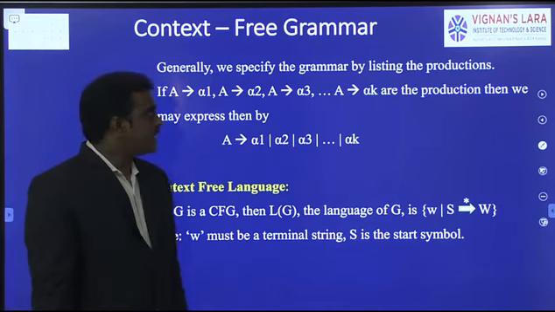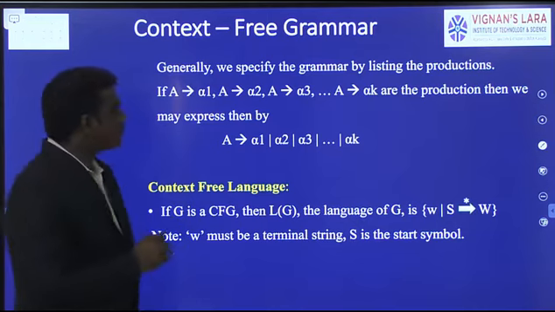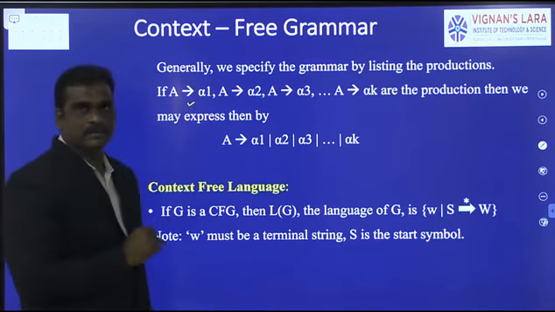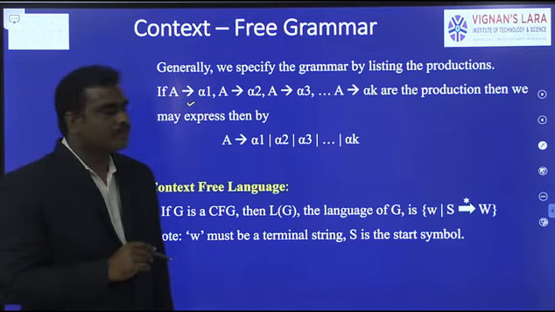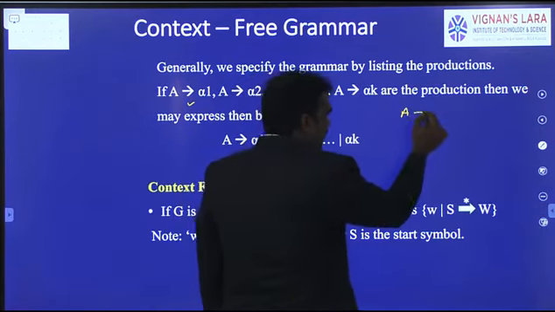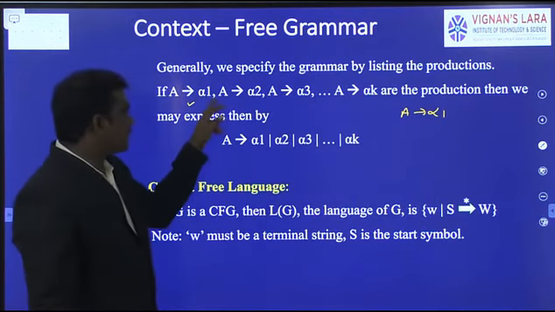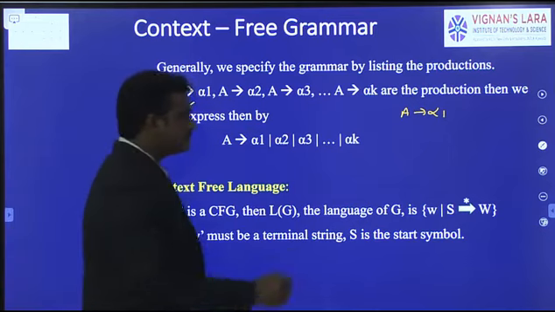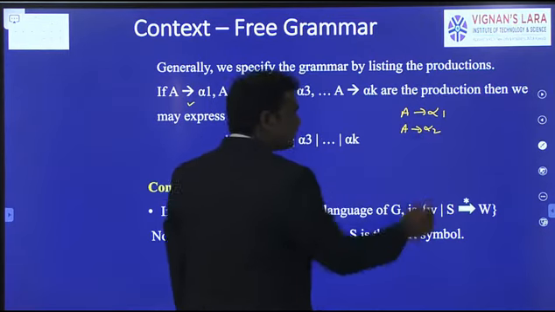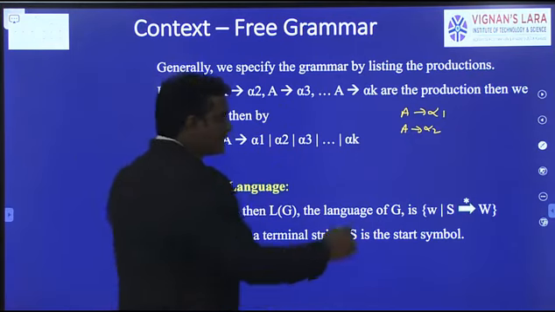The next point is, suppose the productions are like this. The first production is A to alpha 1, the second production is A to alpha 2, and the third production is A to alpha 3.